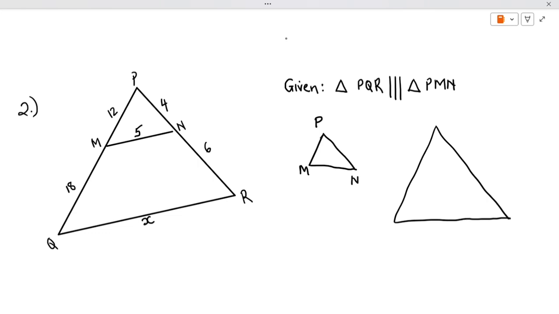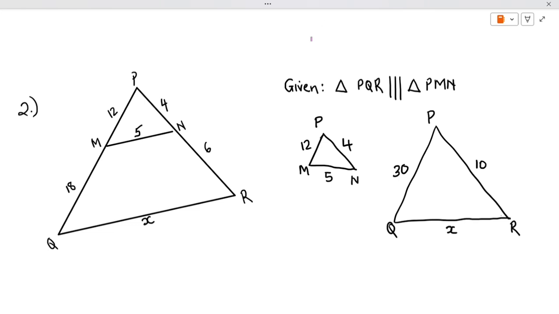The bigger one would be P, Q, R. So PMN, so PM is 12, PN is 4, and MN is 5. PQ is 12 plus 18, which gives you 30, okay? And PR is 4 plus 6, which gives you 10. And then we're looking for X, right?